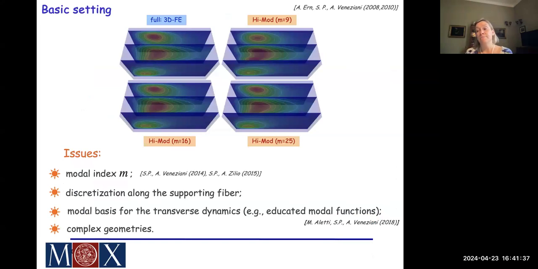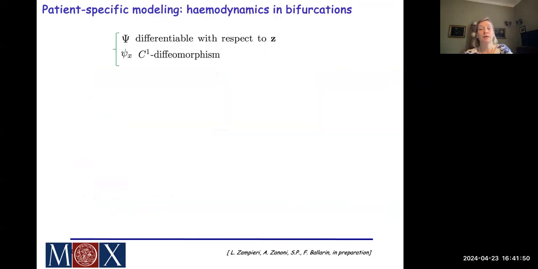And finally, as last issue, there is the problem of dealing with complex geometries. Indeed, as I have anticipated, both the maps, the one associated with each point, phi x, and the global one, capital phi, between the whole physical domain and the reference domain, are subject to smoothness constraints that you can see here cited.